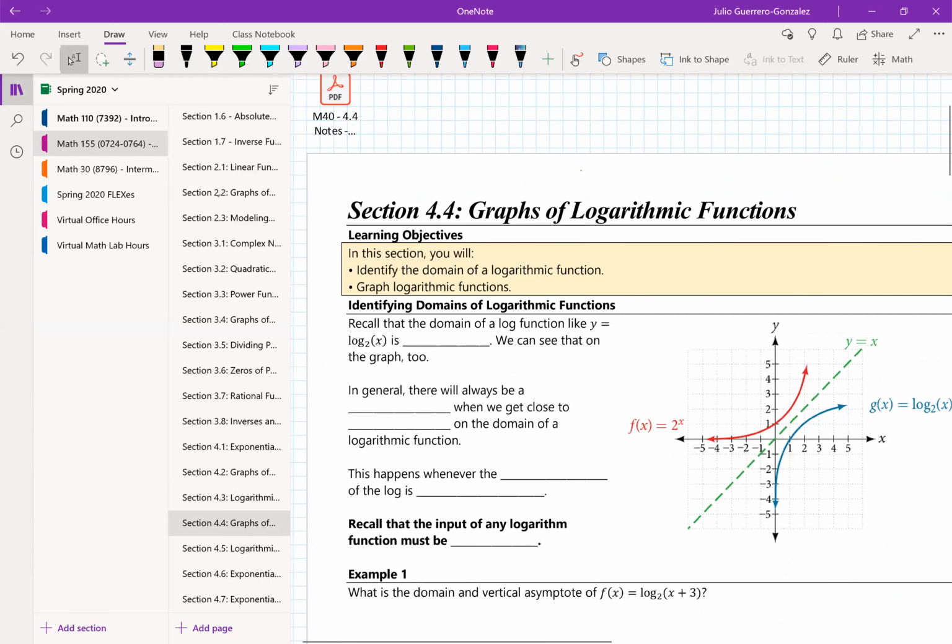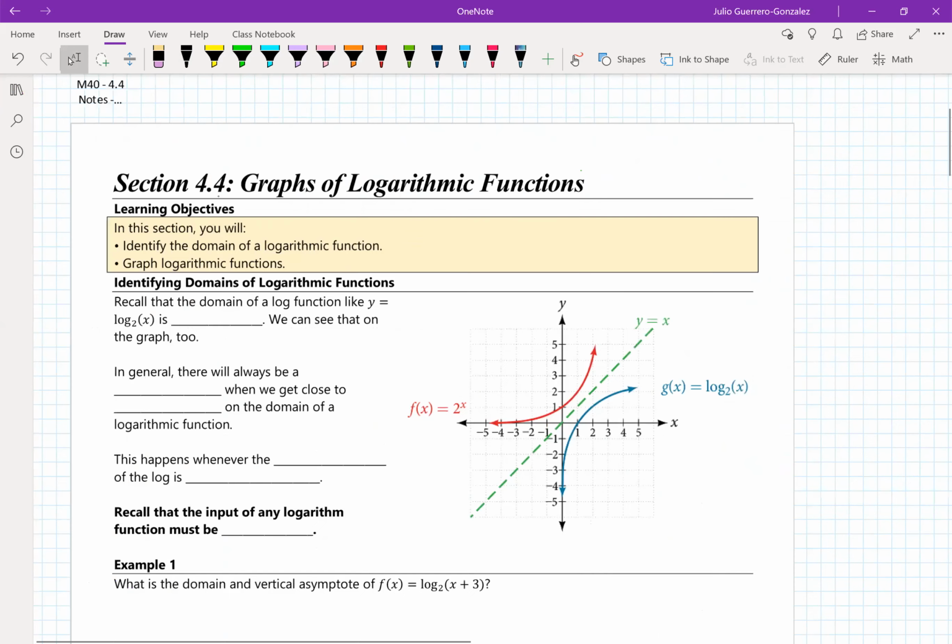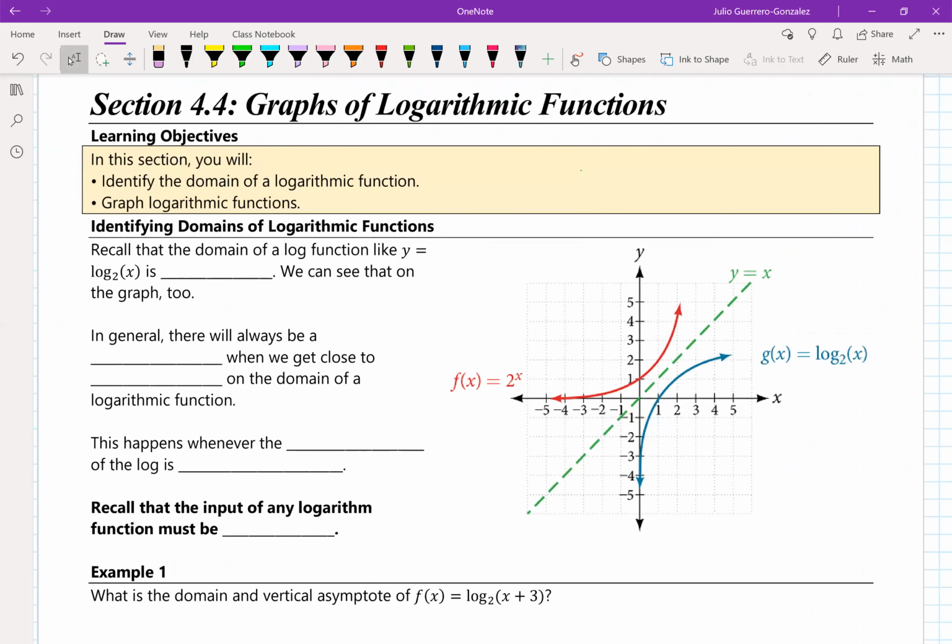Okay. We got to do logarithmic functions, graphs of them. Like I said, this is all stuff that you guys have already seen before. We're actually going to add a couple things, but it doesn't really require you to learn anything new. It's repetitions of stuff that we've done before.